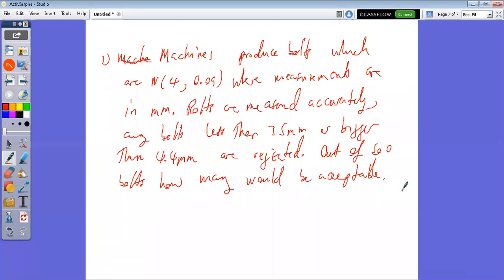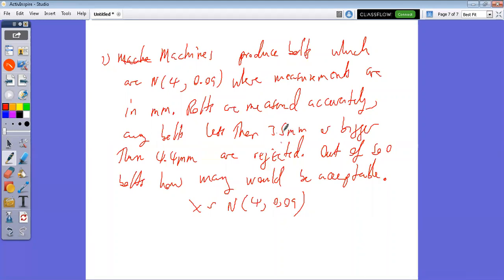So what do we want to find? What's the first thing in this solution? Is to find the probability. Remember, we can assume that X follows a normal distribution with mean 4 and a variance of 0.09. So if you read the question, we can work with the rejection first, because we know that acceptance is simply 1 minus rejection.